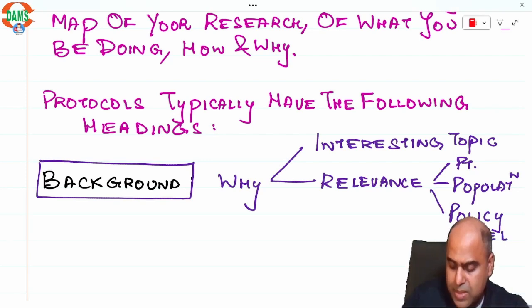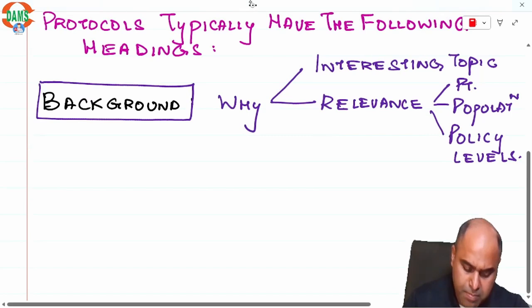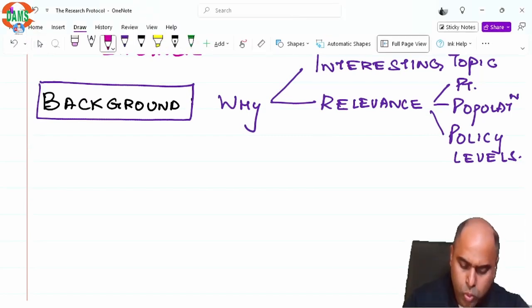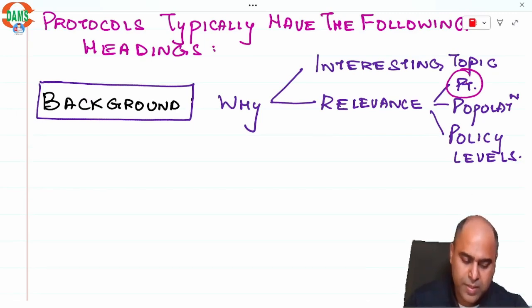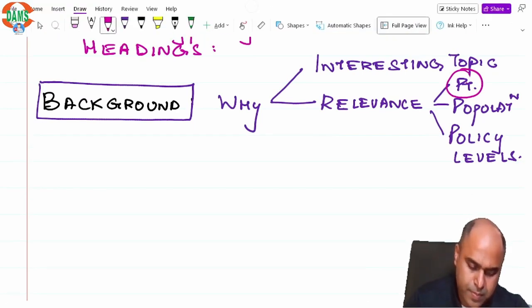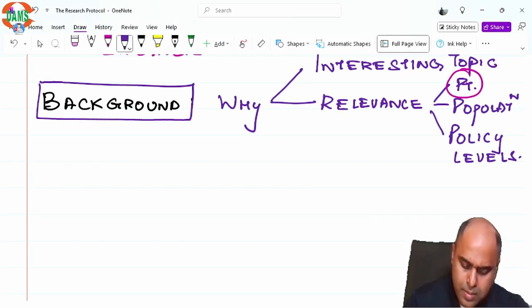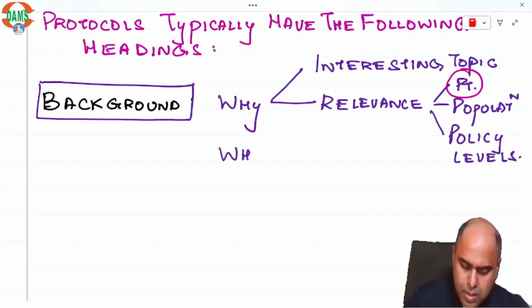So 3 P's. Clinical residents mainly follow only till the patient level. For public health specialists, all three P's should be defined. Next, what is the gap?